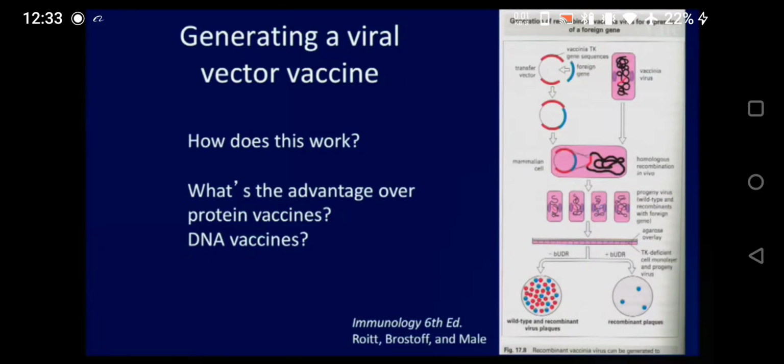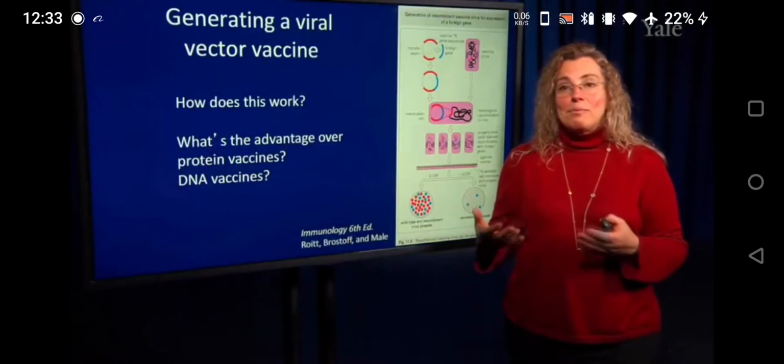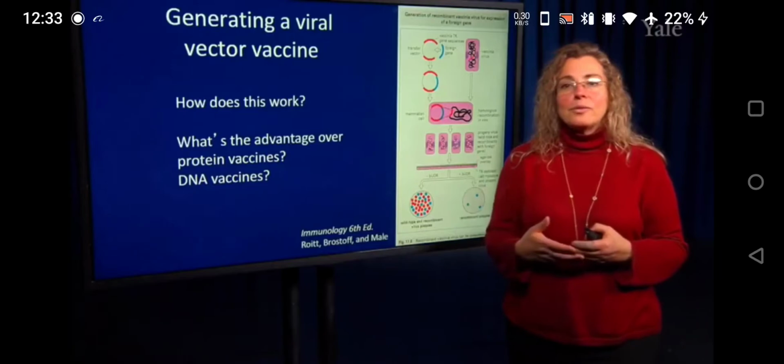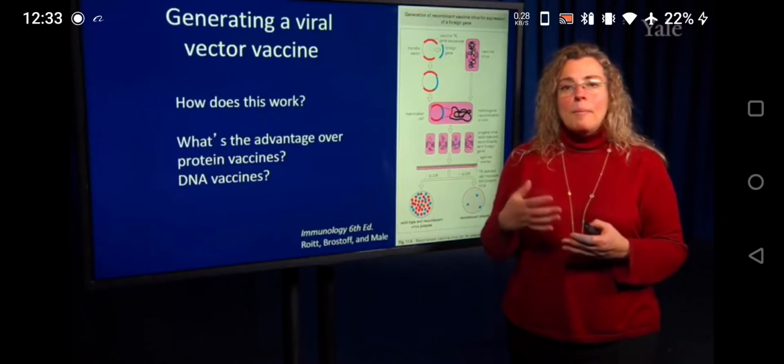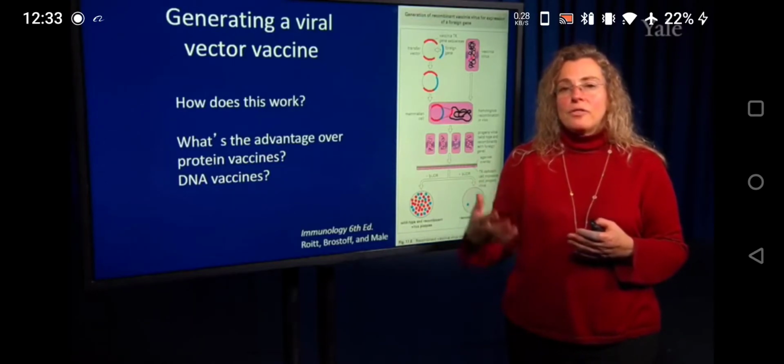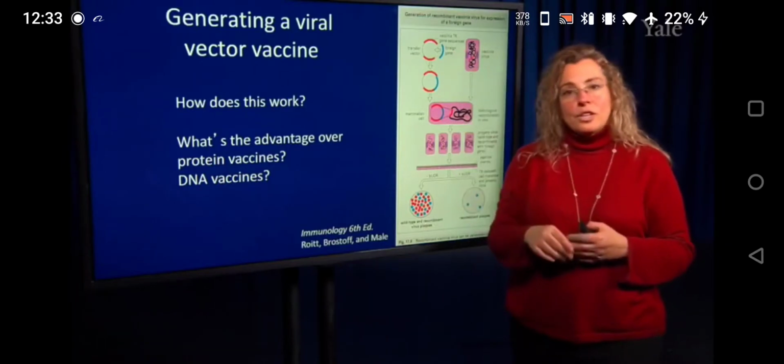Then your body can also develop an immune response to that foreign protein, which comes from a different pathogen. So you would actually get protection from smallpox, because we know vaccinia can do that, but then also to whatever other infection this foreign gene came from.